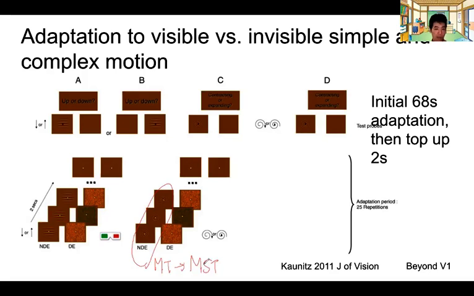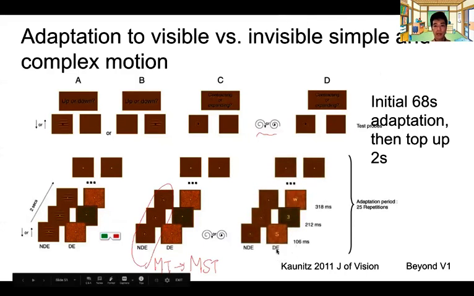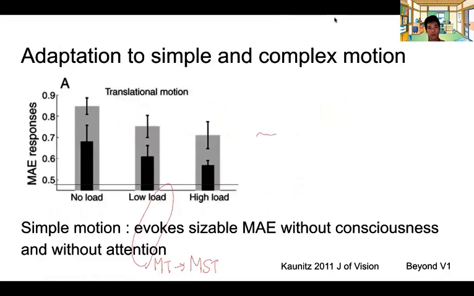This next stage after MT processes radial motion or spiral motion. And he made again a visible or invisible condition, and the test was whether the contraction or expansion of the spiral was perceived.